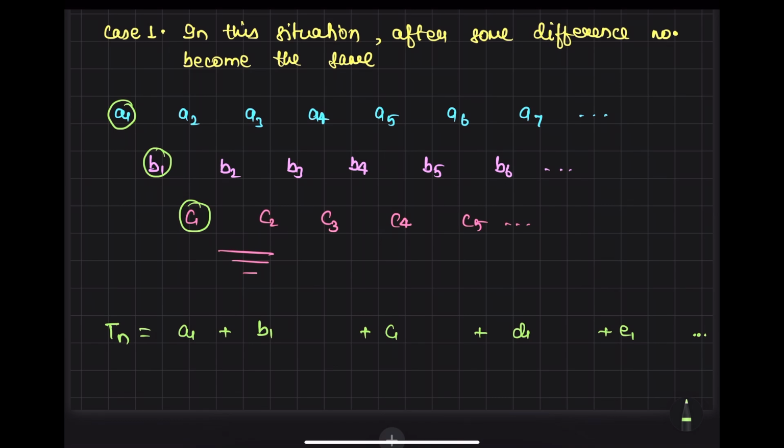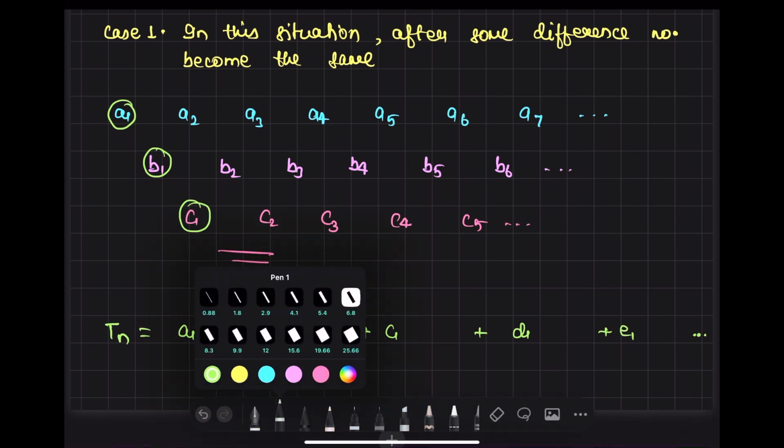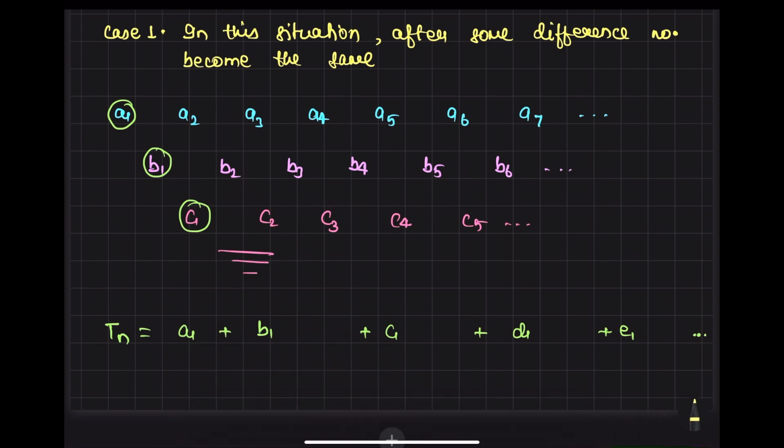Now leave the first element and start from the second one. Write n minus 1, then n minus 1, n minus 2, then n minus 1, n minus 2, n minus 3. So here you will have d1, n minus 1, n minus 2, n minus 3, and so on.